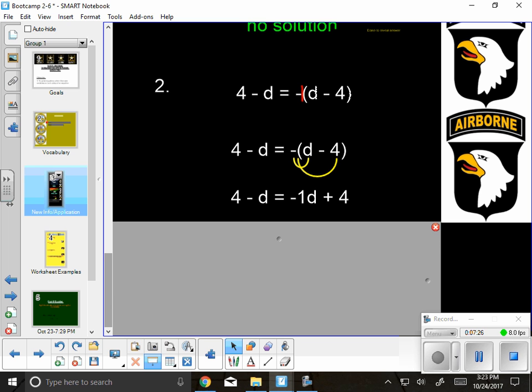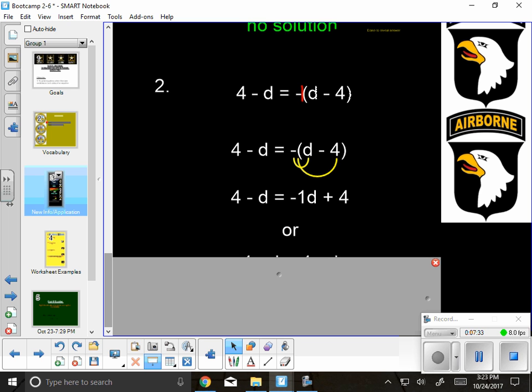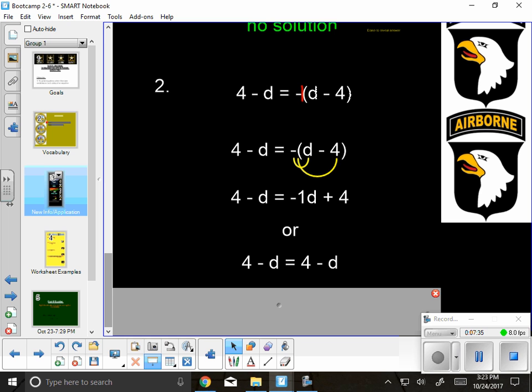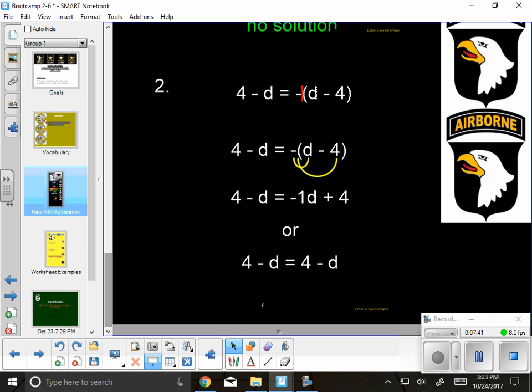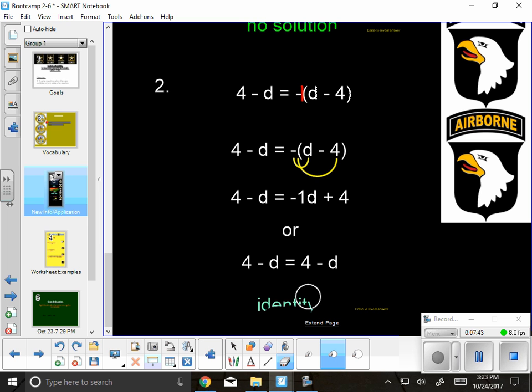So we're going to get -1d, or -d plus 4. When we do that, we're going to end up with 4 minus d equals 4 minus d. And that in turn means that we have an identity.